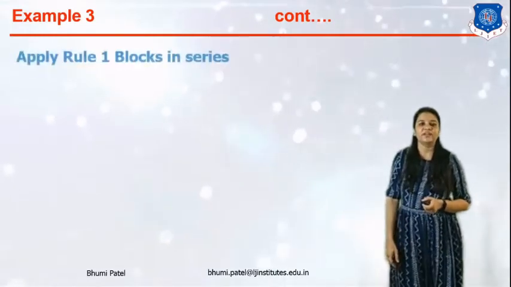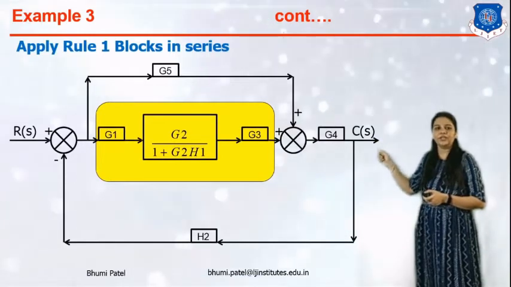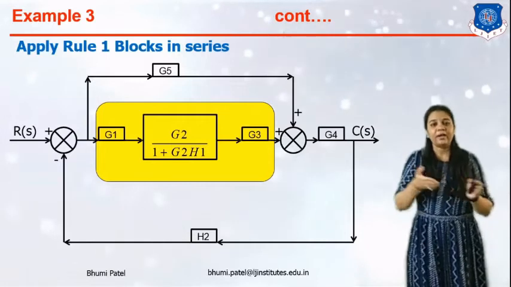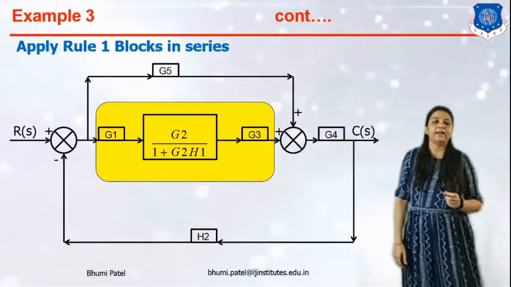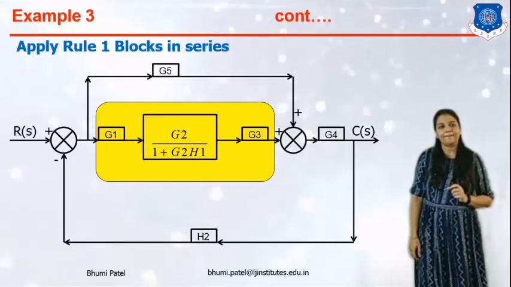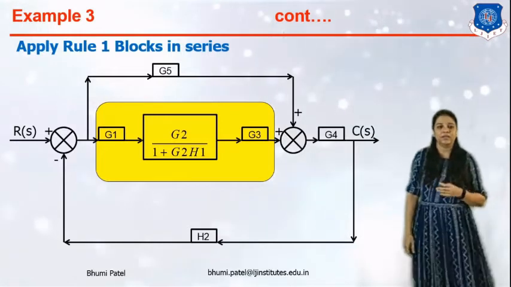So the simplified version is G2 upon 1 plus G2 H1. Now here you can see that G1 and G3 are directly connected to this block. So we can easily apply rule number 1, blocks in series connection.